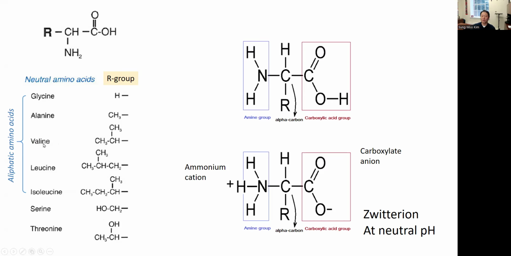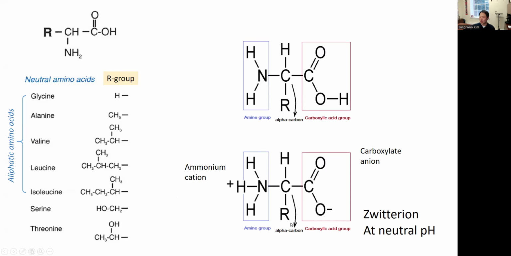These 7 amino acids that I just introduced have R groups that are not charged, so together they are neutral amino acids. The entire amino acid is not positively or negatively charged, net zero, so they are neutral amino acids. We already talked about 7 amino acids here.